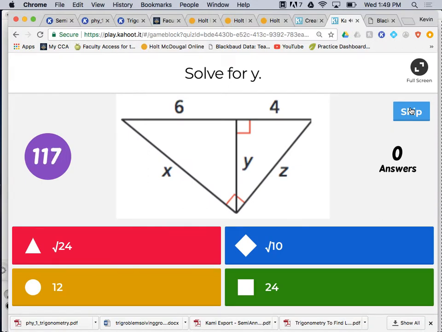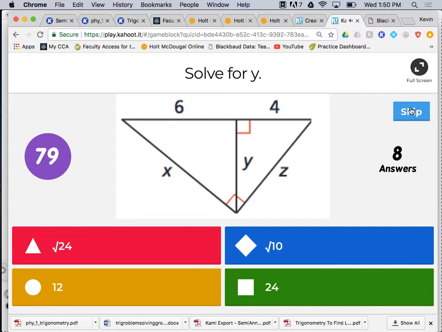Look, it's the same type of question. Find y. It's an altitude. It splits the hypotenuse into 2 line segments.